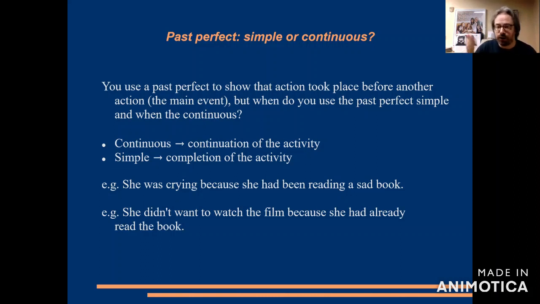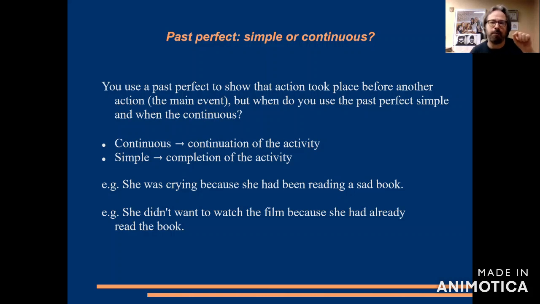Why? Well, you can at this point see, grammar is going to help you. First, she reads a book, and then the book is so sad, it makes her cry. So she had been reading a sad book, and because of that, she was crying. So you now know which comes first and which comes second. But if you look at the sentence, she was crying because she had been reading a sad book, that is meaning there's a direct link between these two things.